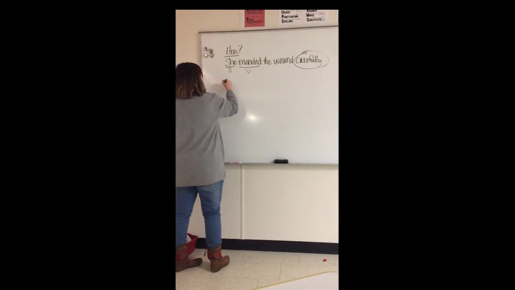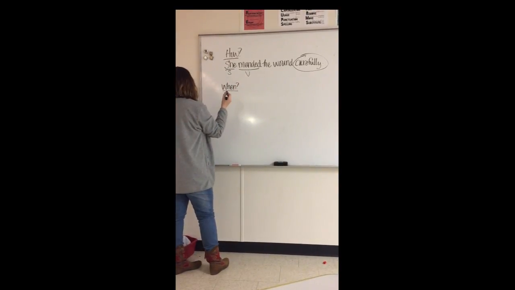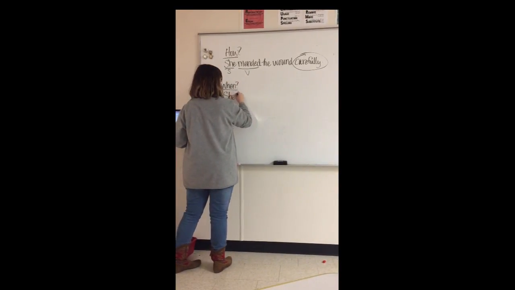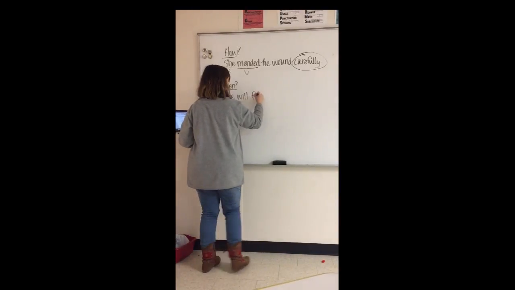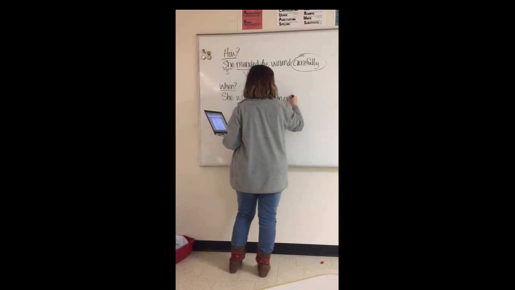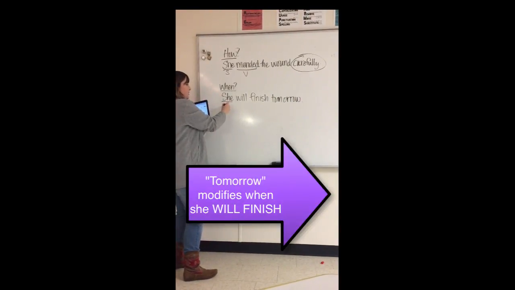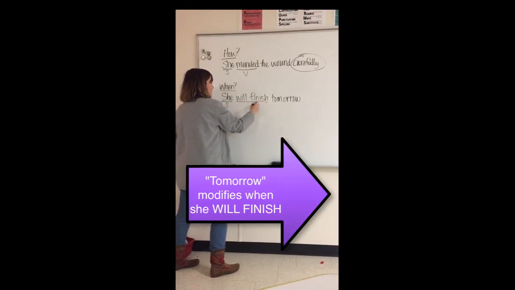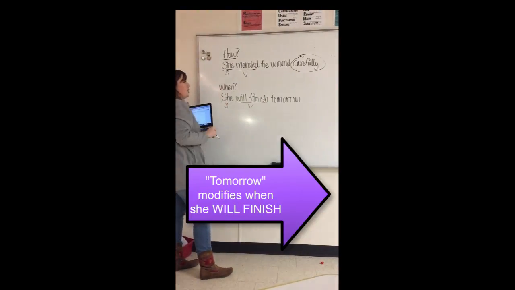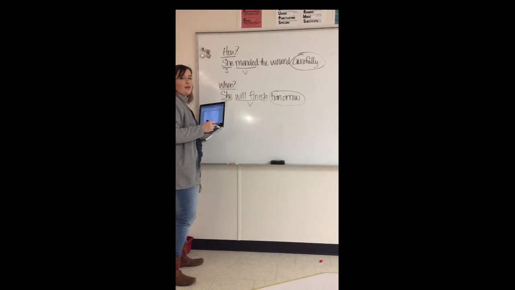This next one is going to be a when adverb. She will finish tomorrow. She is the subject, will finish is the verb. When will she finish? Tomorrow. That's the when adverb.